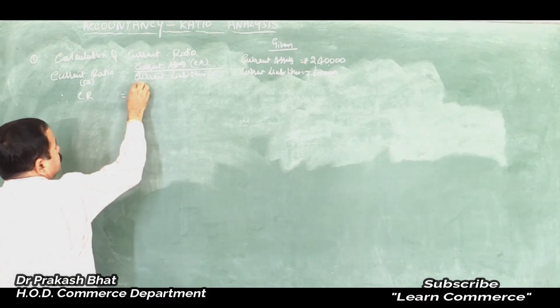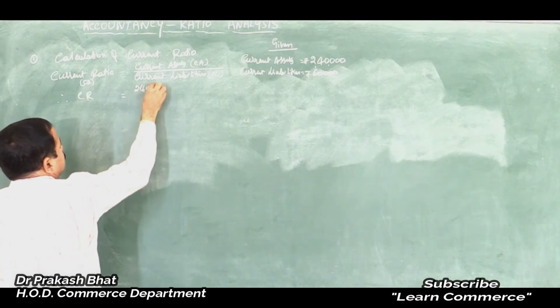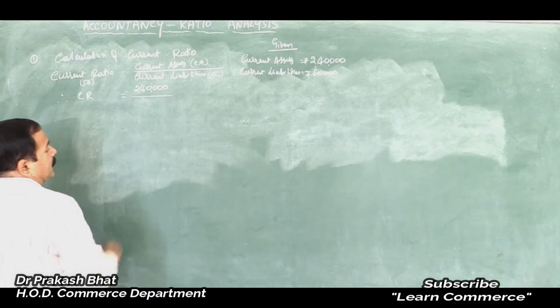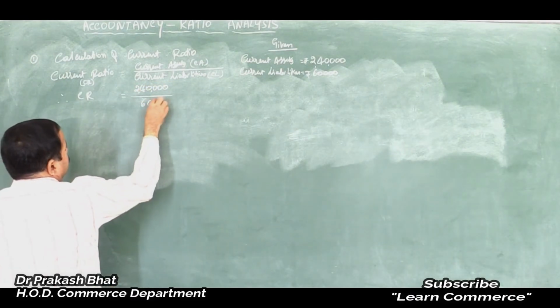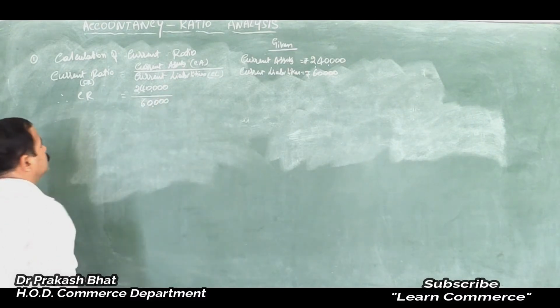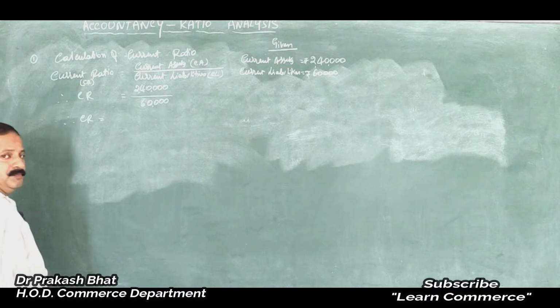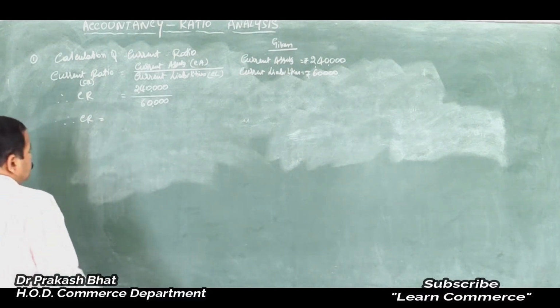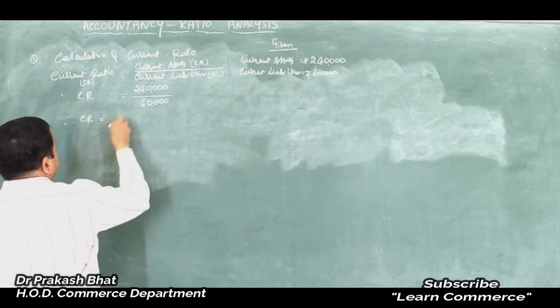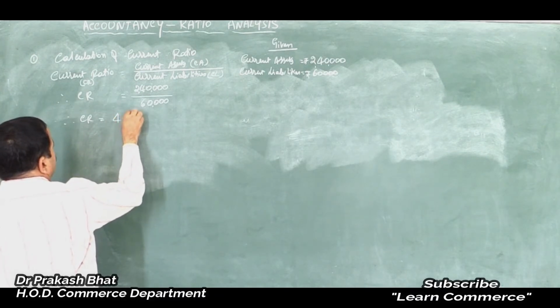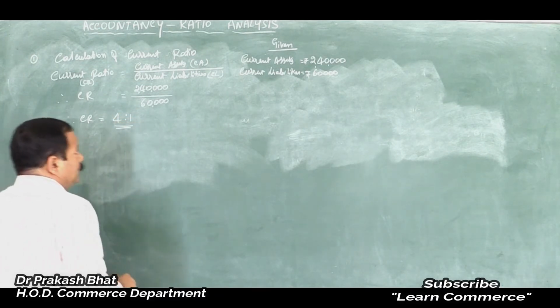Current assets 2,40,000, divided by how much? 60,000. Therefore CR is equal to how much? 6 fours are 24. 4:1. This is how you have to represent it.